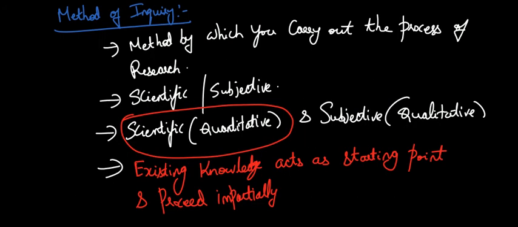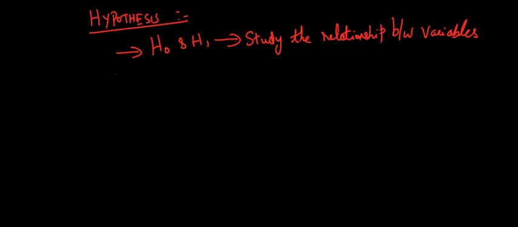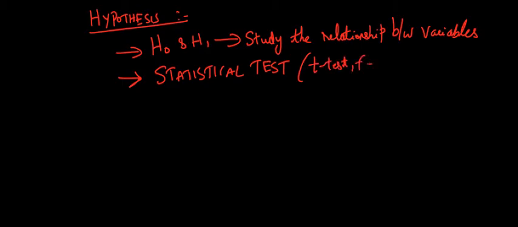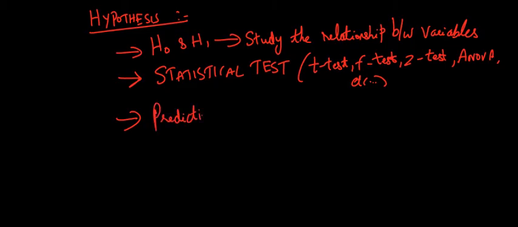So when you devise this hypothesis, you carry out a statistical test based on the type of the variables and the number of the variables involved in the process, and something like a t-test, an f-test, a z-test, or an ANOVA, etc. can be done, so that you can make predictions based on the hypothesis after arriving at a certain statistical tool.